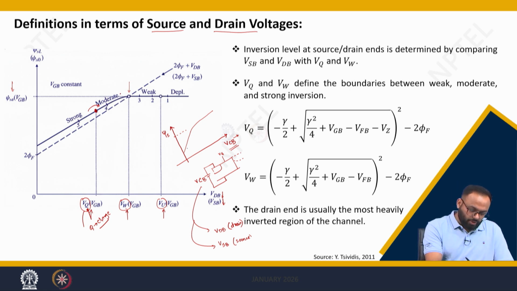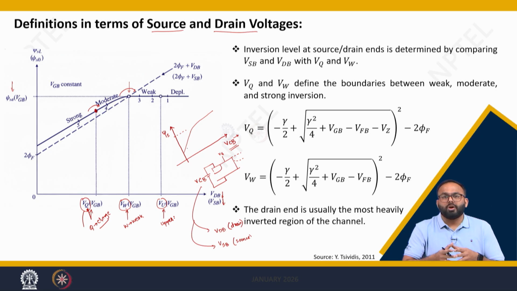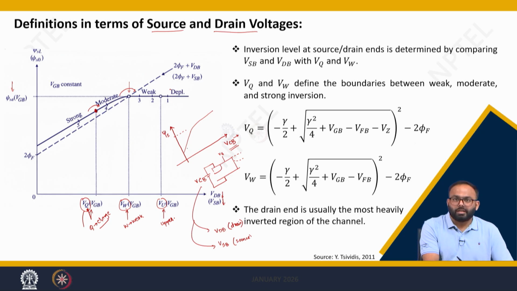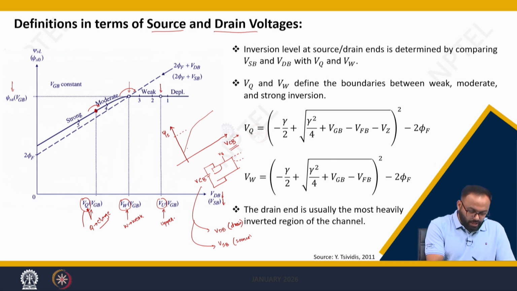So from moderate to weak, this is the voltage where W stands for weak, and U stands for the upper limit of the weak inversion. That's what I said, that when we talk about the MOS transistor, the upper limit is not generally defined in terms of the analysis we showed in the two terminal MOS, where from here the depletion starts, but it depends upon the leakage current value. So let's do the analysis and see what it means.